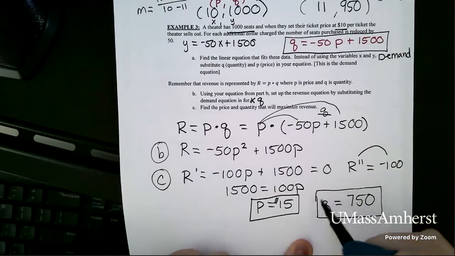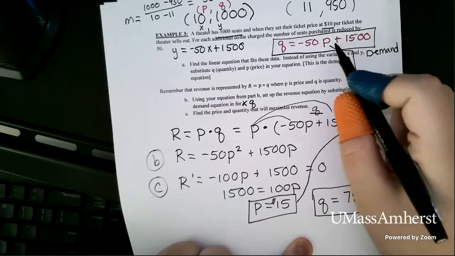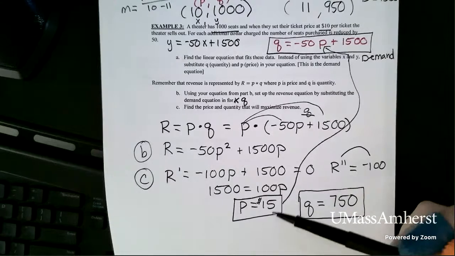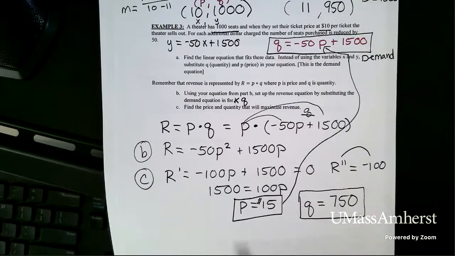And again, that's because I plugged this back into the demand equation. So at a price of $15, I will sell 750 tickets, and that combination maximizes my revenue.